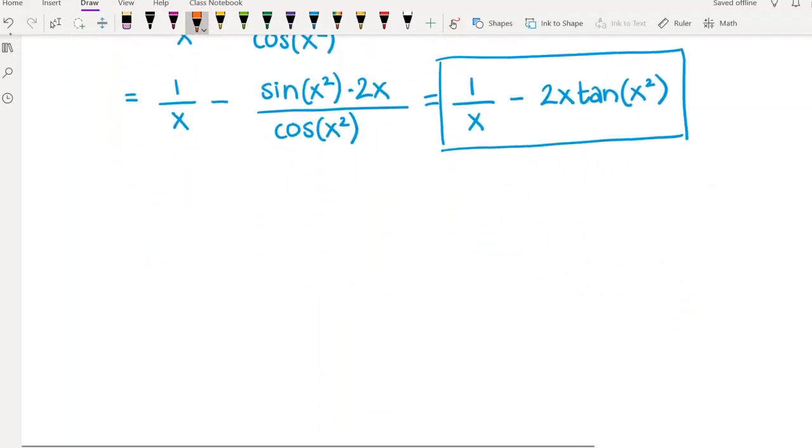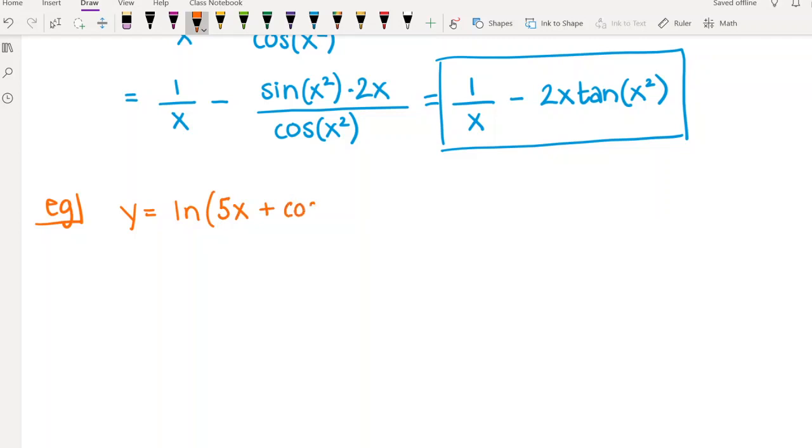All right, one last example in today's video. This is going to look very similar to the example we just did, but the approach is actually going to be pretty different. Let's say our original function is ln of now 5x plus cosine of x squared. This one actually cannot be broken apart.